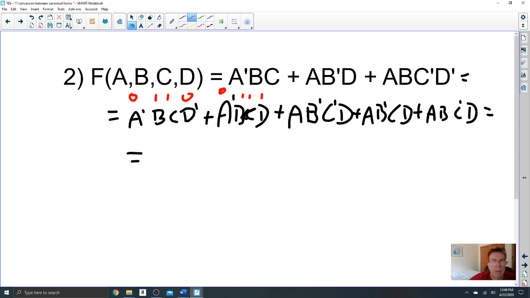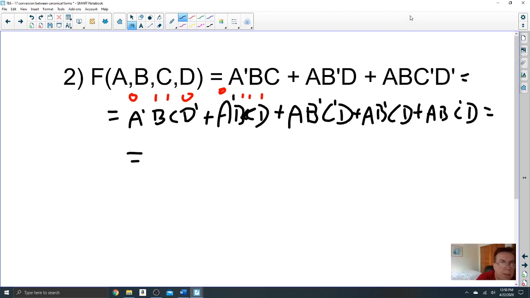So this one is maxterm 6, plus maxterm 7. Sorry, oops, we have to erase this. Hold on, I got ahead of myself. Those are the minterms, not maxterms. Not a big deal.